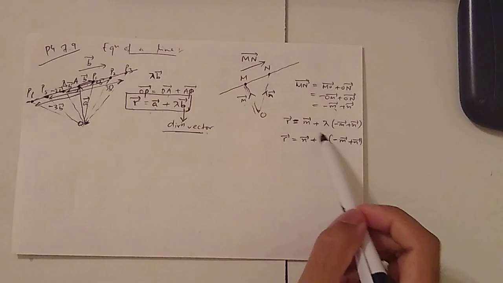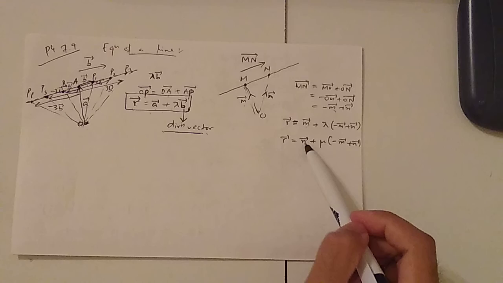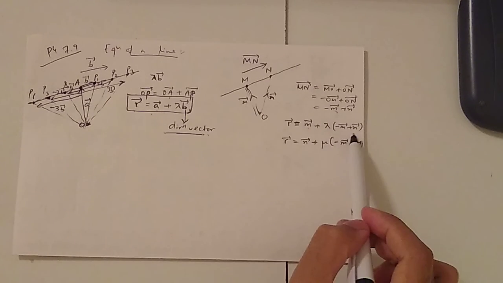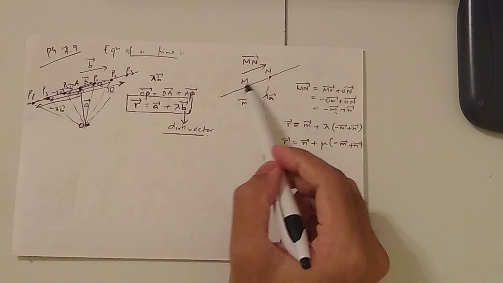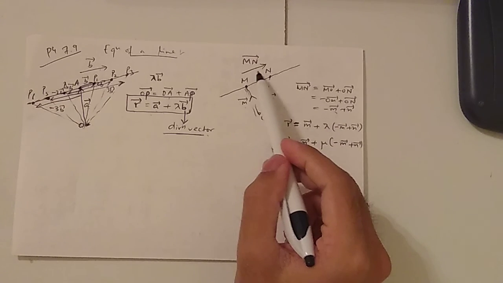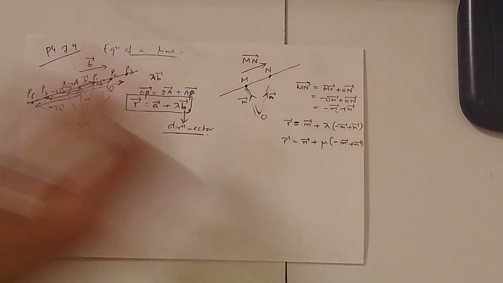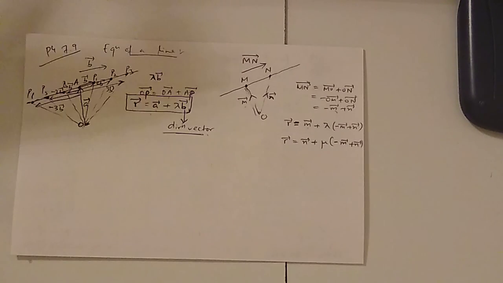Let's not worry about that for the time being. The only thing that matters is that you can use any of the points, M or N, it is up to you. The direction vector was found by using MN, because MN definitely follows the line, lying along the line, and thus you can find the direction vector using the expression minus M plus N.